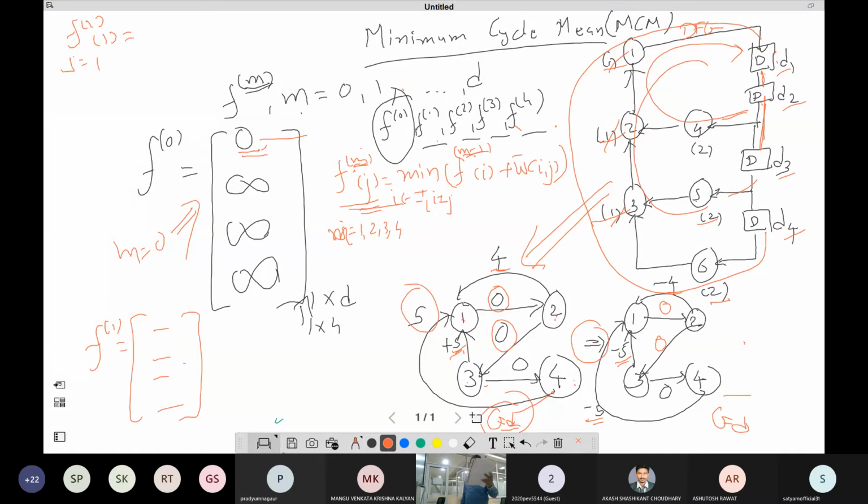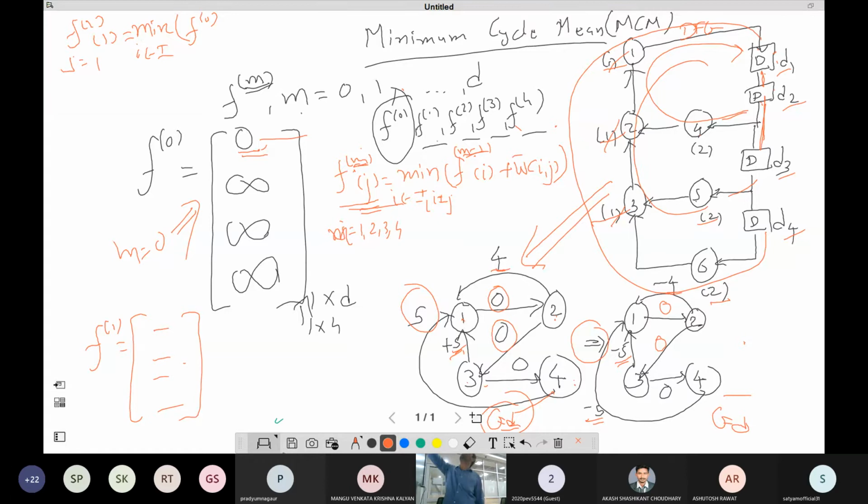So f of 1, 1 is equal to minimum over i belongs to I. The equation uses f of m minus 1, so I need to use f of 0, i. Here i should not be equal to j, so I cannot take i equal to 1.